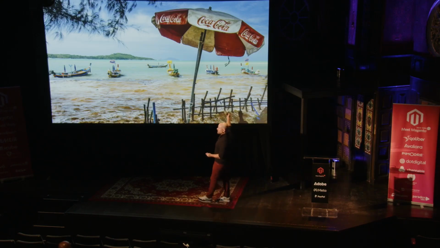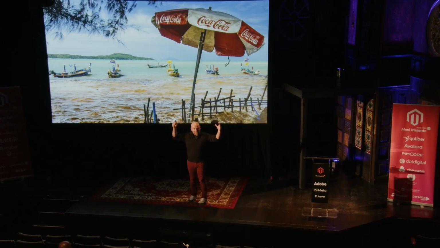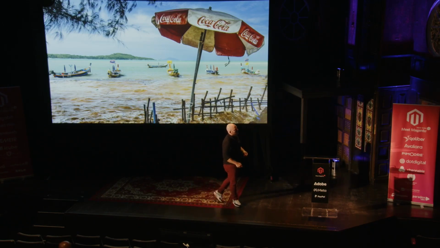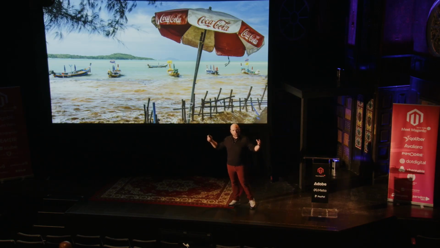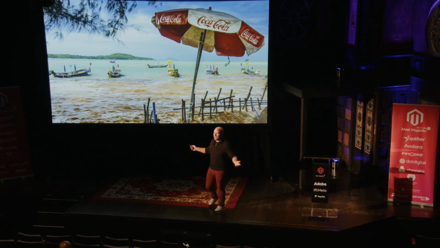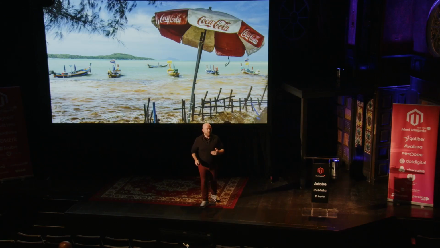If you're on a beach in Thailand, you're seeing that Coca-Cola brand the same way that you would see it at Yankee Stadium. You're seeing it the same way that you would see it at a UNC basketball game. And I think there are some takeaways that we can take from this larger strategy from a Fortune 10 company and apply to some of the information that's available within Adobe Commerce.